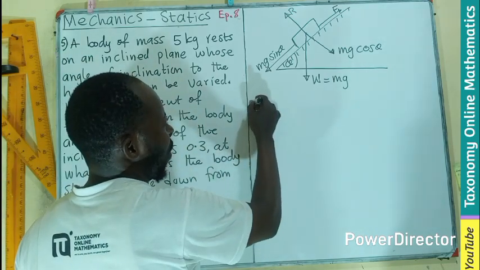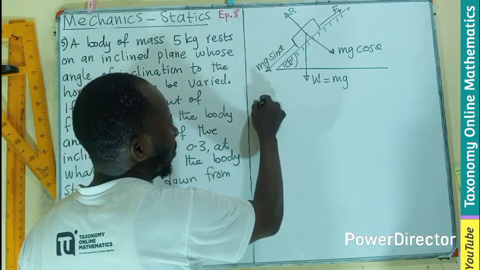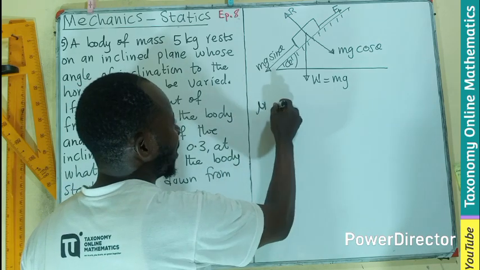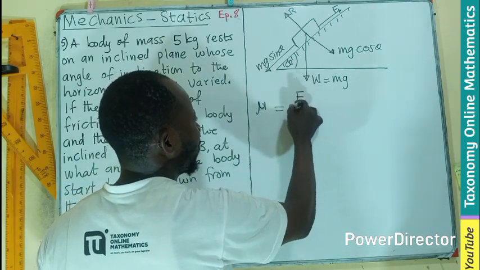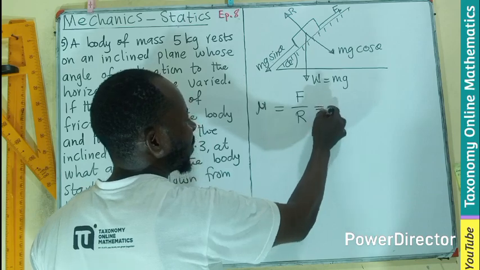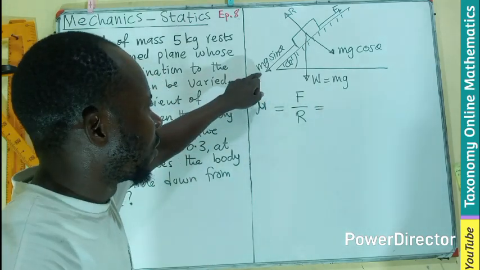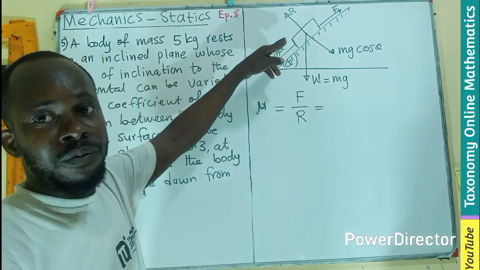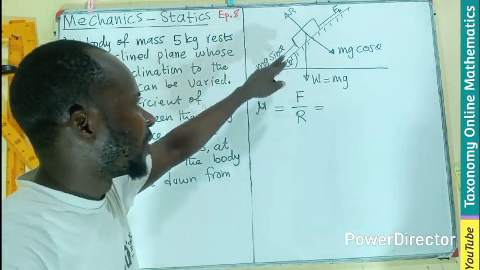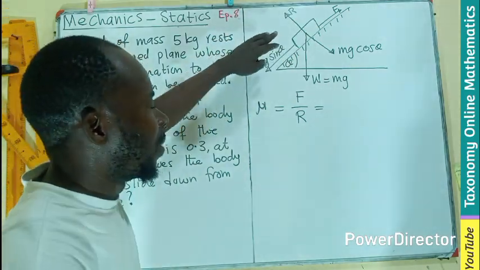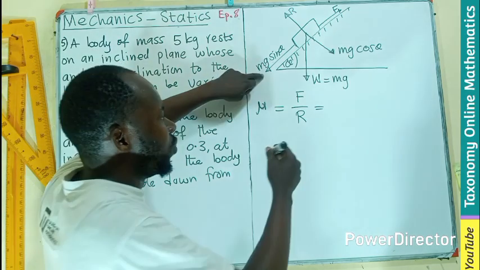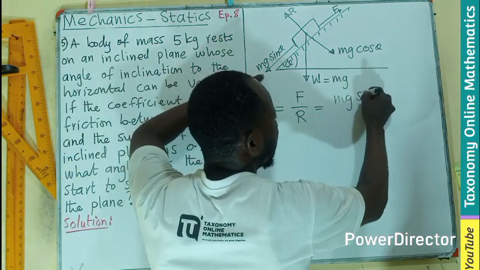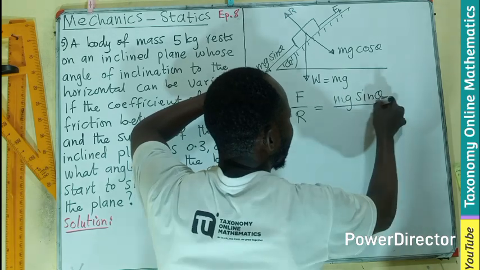Remember, if we recall, your coefficient of friction is equal to the frictional force over the normal reaction. And the frictional force is a force parallel to the surface, which is equal to mg sine theta.